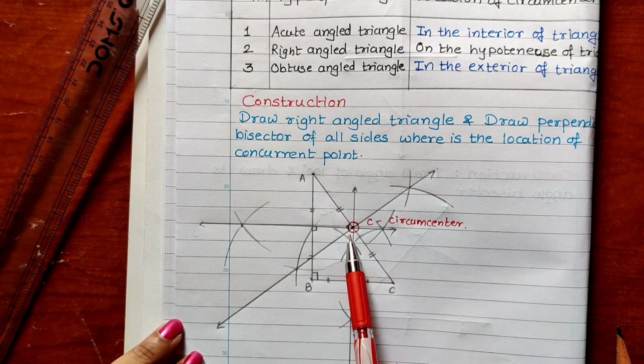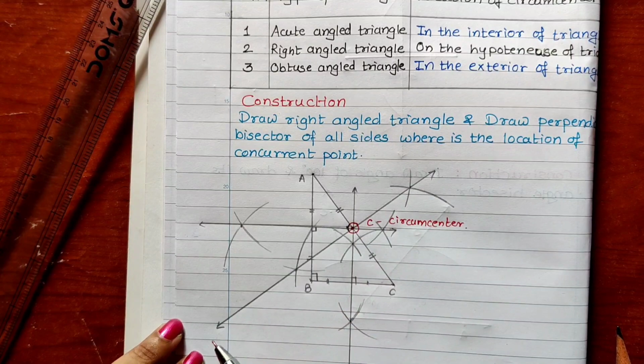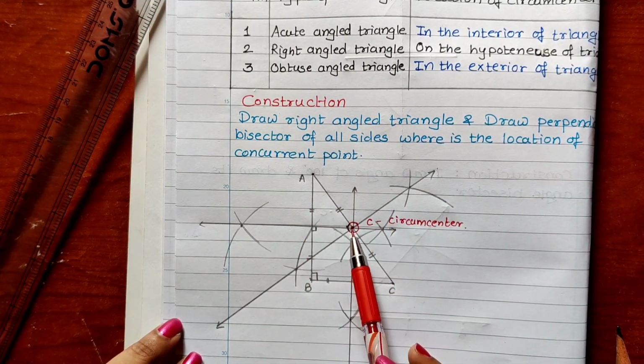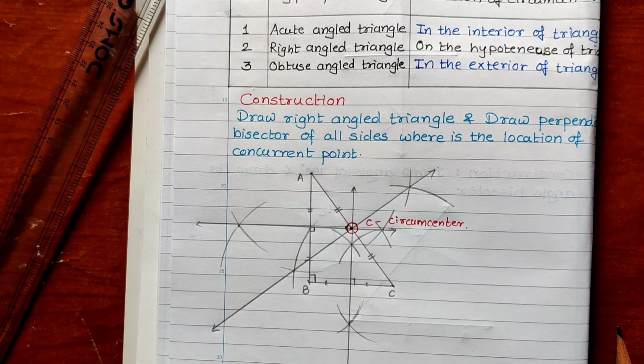Because at this point we have drawn this perpendicular bisector. So the location of the concurrent point is at the midpoint of the hypotenuse of a right angled triangle. So we have to write the answer.